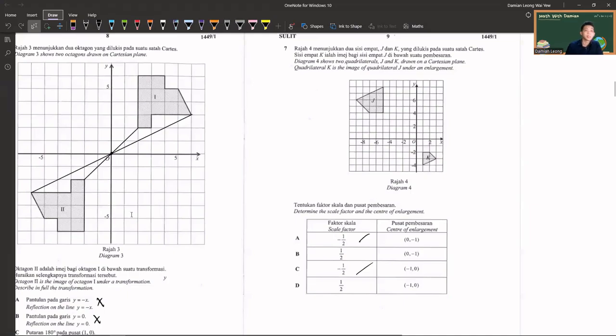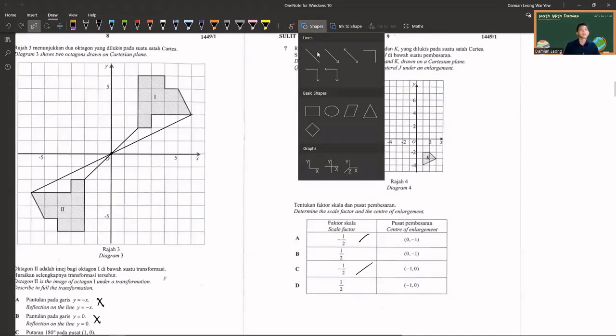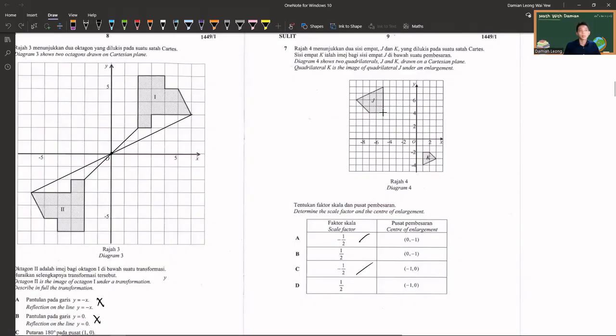So then we determine center of enlargement, pusat pembesaran, which we can find by using straight lines, similar to how we find the center of rotation for 180 degrees. So we connect equivalent points.